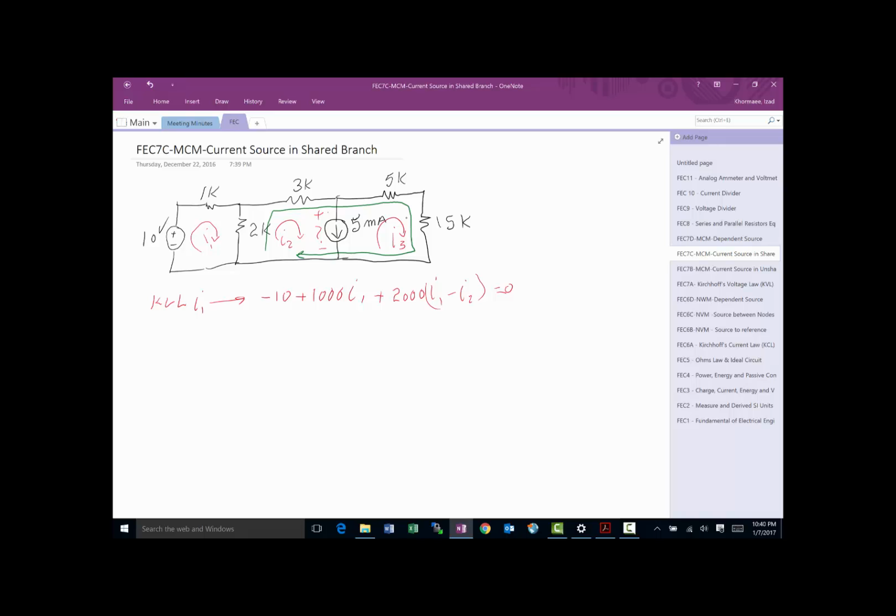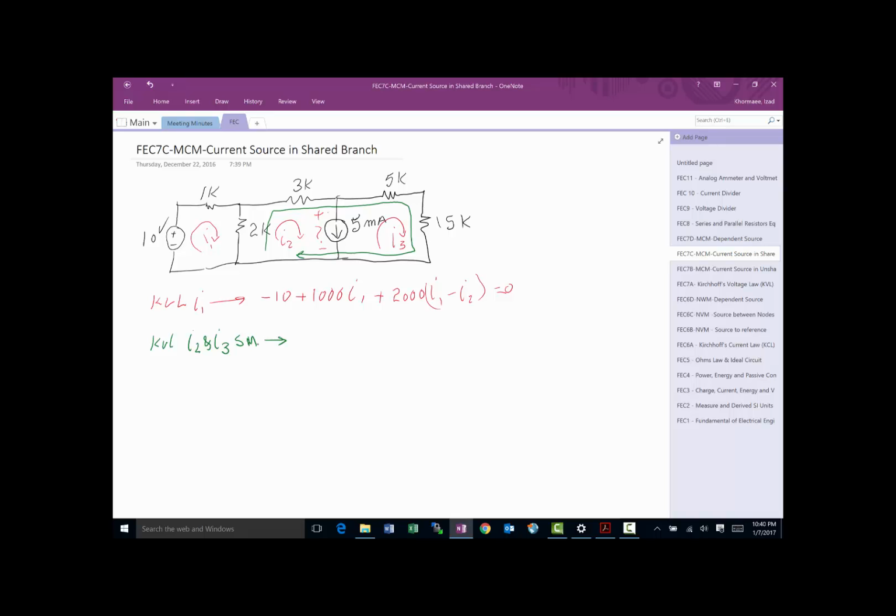All we're going to do is avoid going around the current source. This is called a super mesh. So when writing the KVL, we cannot write for I2 alone, so we write it for I2 and I3 together, and we call that SM, for super mesh.